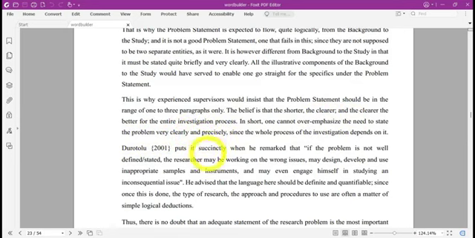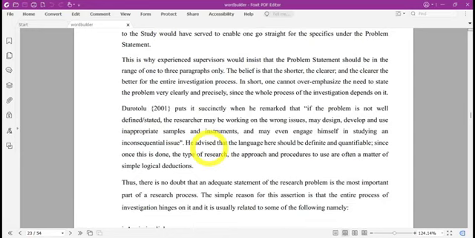It has to be very, very clear and precise. Like I said, you don't have to go into long stories, since the whole process of investigation depends on it. It is something that once you look at it, you already understand what the statement is talking about.